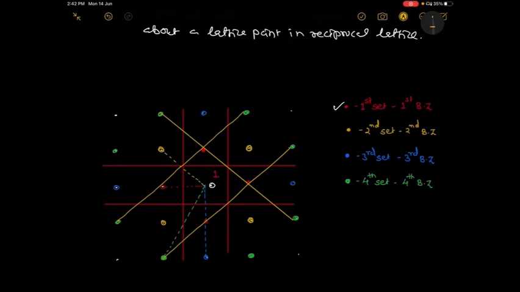This is the third Bragg's plane. Next Bragg's plane.